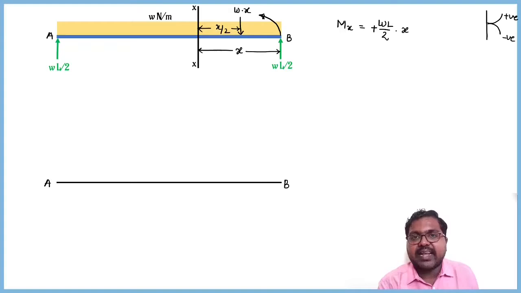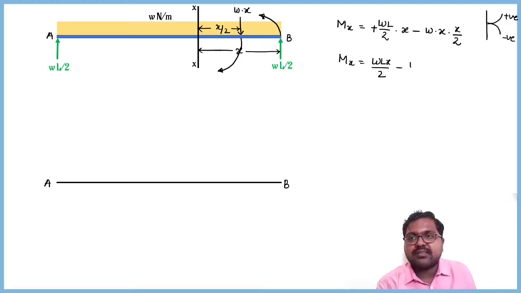So this load is acting downwards and creating a clockwise moment, which is negative. So W into X into the lever arm distance X by 2. So we will get Mx equal to WLX by 2 minus WX square by 2.